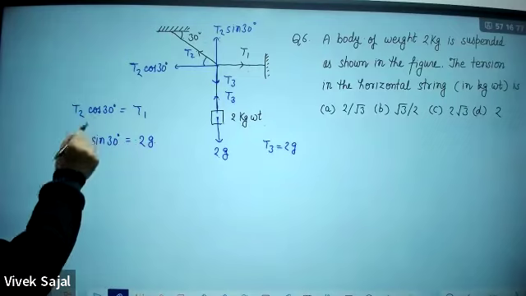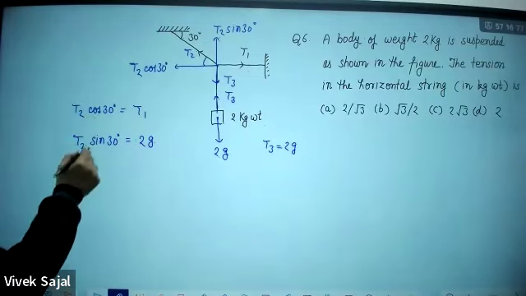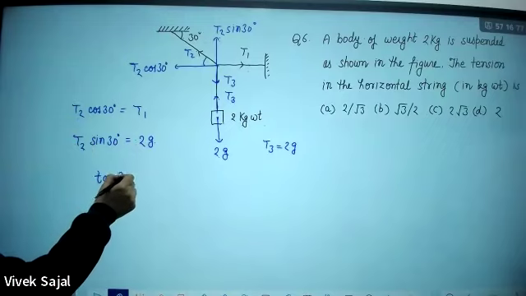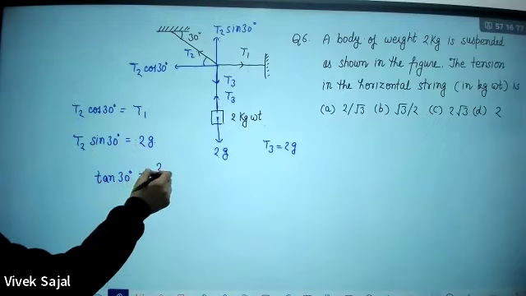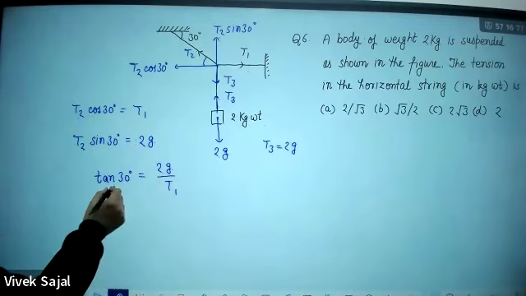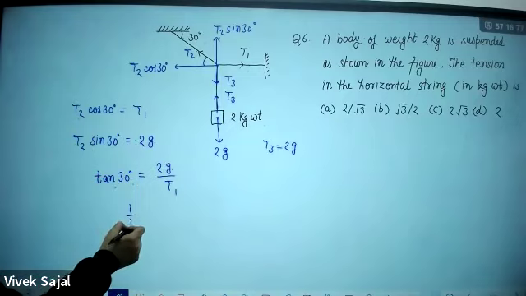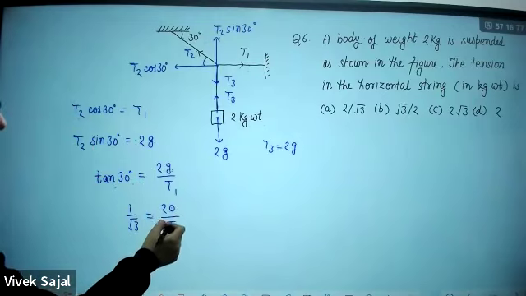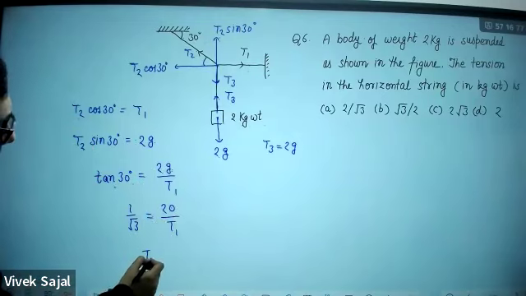Divide these two equations. T2 will cancel out with T2, and this will be tan 30 degree, which is 2g upon T1. Now tan 30 is 1 upon root 3, so 1 upon root 3 equals 2g divided by T1. What will be T1?